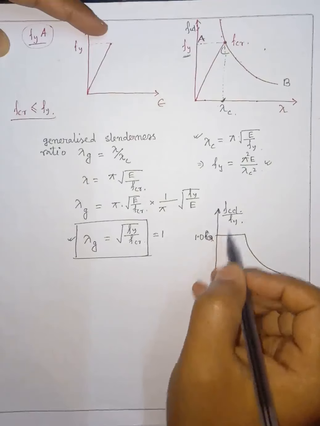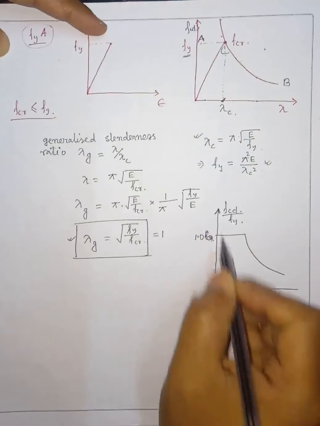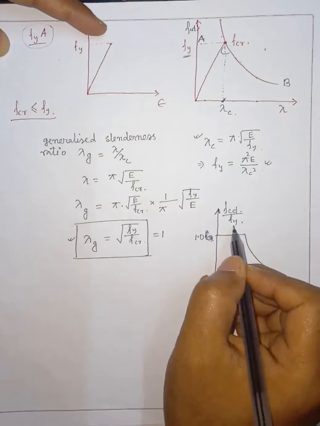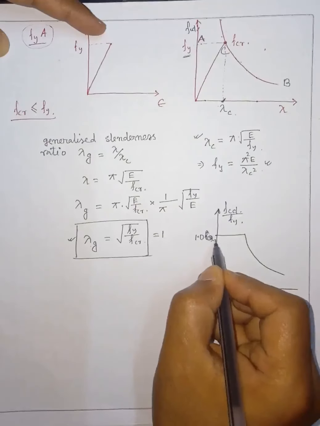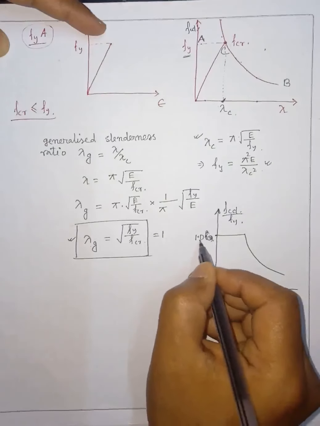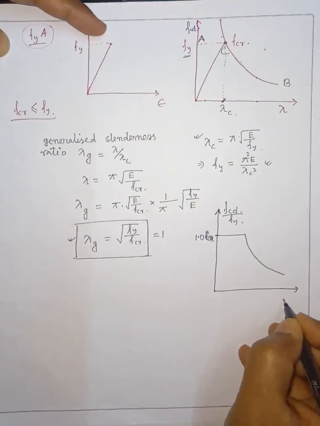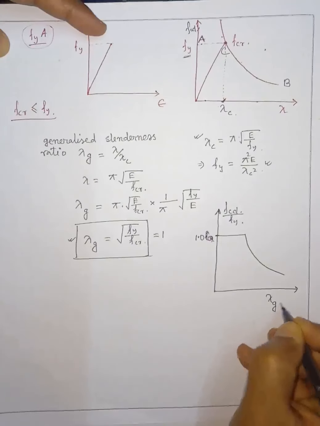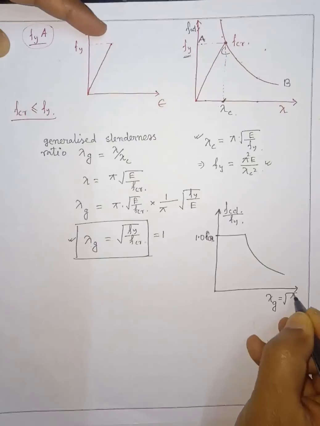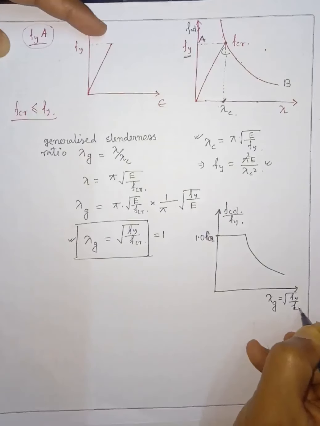If I show this axis as FCD by Fy, then at this point FCD is equal to Fy, so this point will be equal to 1. And on this axis it will be this lambda g, which is nothing but root Fy by FCR.